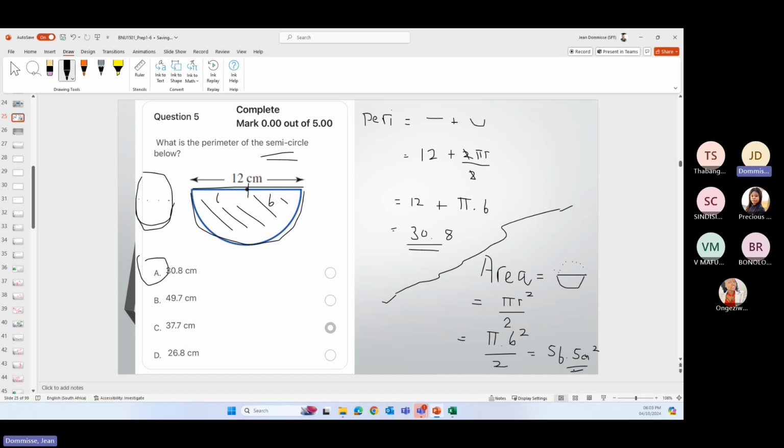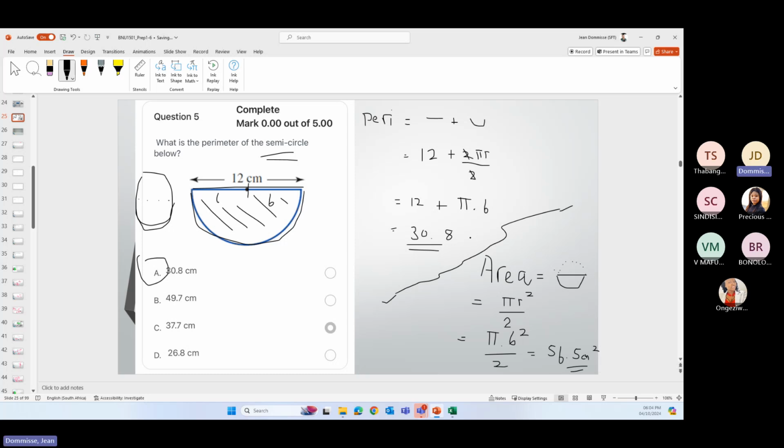Okay, so just again wanted to do both with a semicircle, but you can see the perimeter, how to work that out, and then also how to work out the area if I ask you the area question as well.